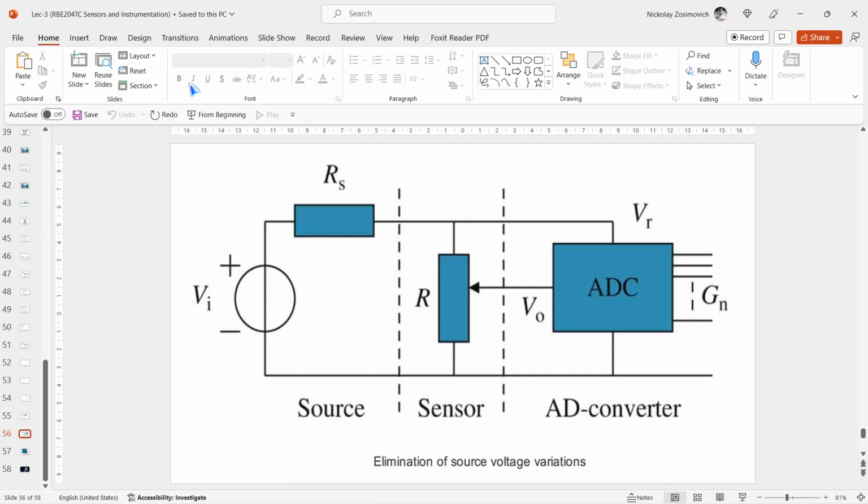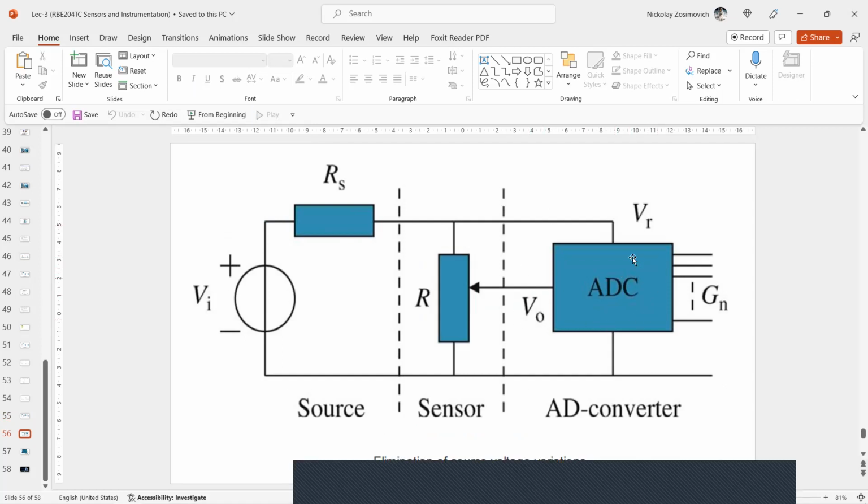The transfer of analog to digital converter, ADC, as we know, is equal to Gn times Vn. Gn is a binary coded fraction. It might be between 0 and 1.